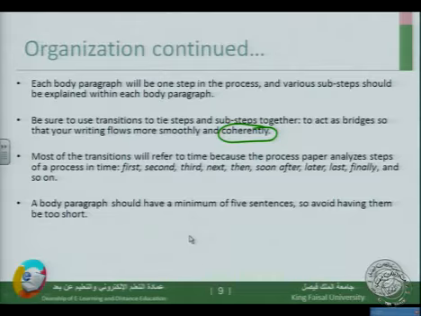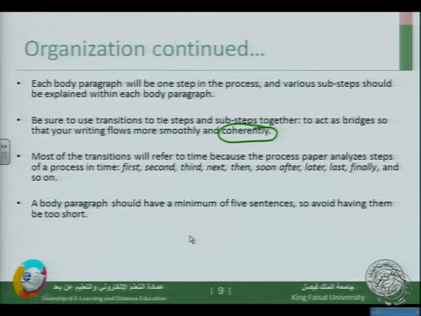Because in each body paragraph I have a topic sentence, but you need some examples to support your topic sentence. For example, our thesis statement was: smoking is unhealthy for 3 reasons. In the first body paragraph, I'm going to mention 1 reason.